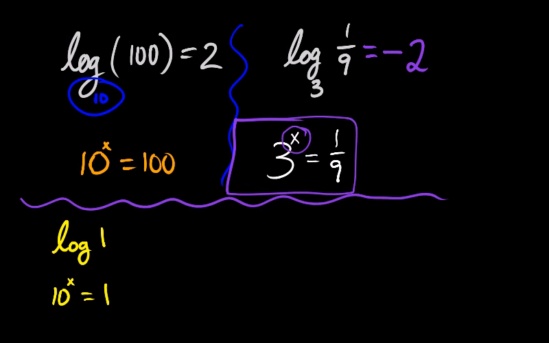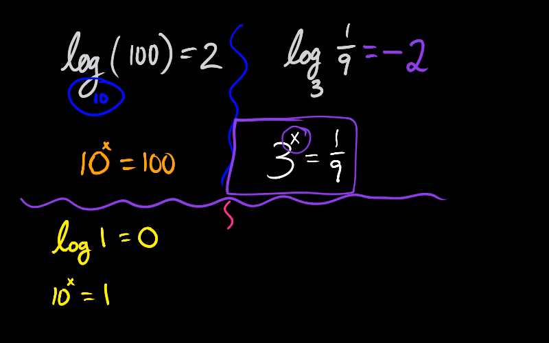And so if you think about what would the power be that would make 10 equal 1, the power is 0, right? The 10 to the 0 power would be 1, and actually anything to the 0 power is 1. So it could be log base 2 of 1 would equal 0. Or log base 3 or 4 or 5. It doesn't matter what the base is. If 1 is inside the logarithm, then the answer will equal 0.